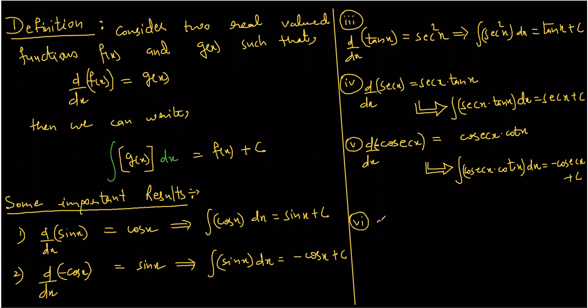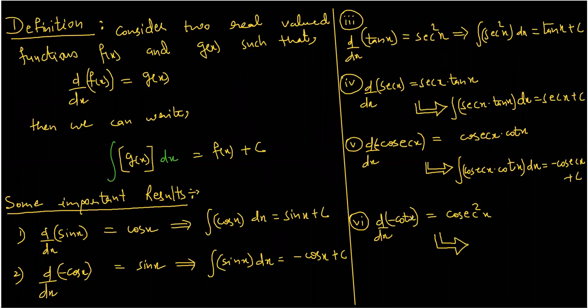Sixth is d by dx of cot x. You all know it is minus cosec square x. So if I put a negative sign here, I will get positive cosec square x. So this gets me, what am I doing every time? Students, I am applying the definition of integration.